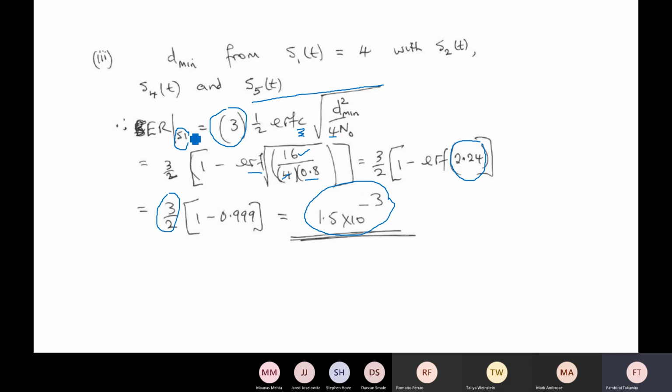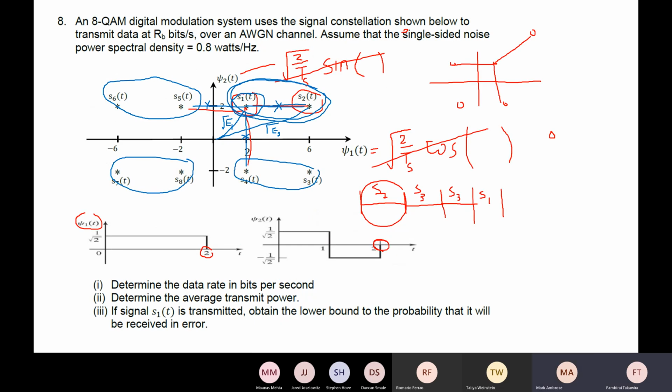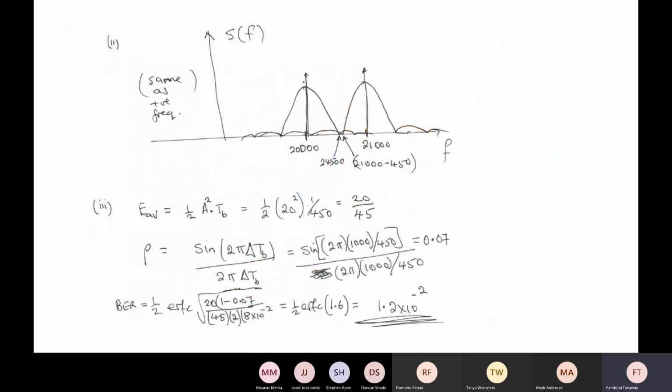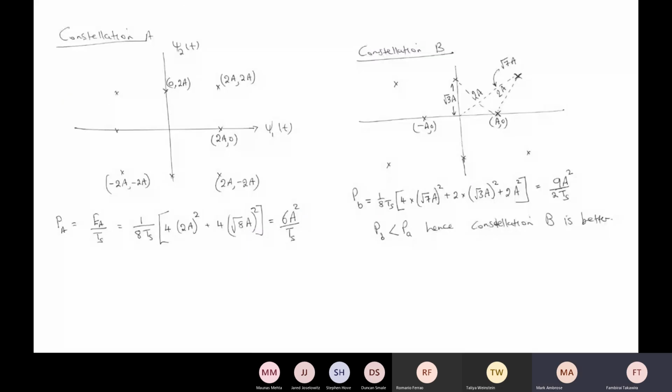Okay, any questions on that one? I have a question. Yes. The power calculation in this question seems to differ from the one in Question 5. It seems in Question 5 we don't divide by half to find the average energy.